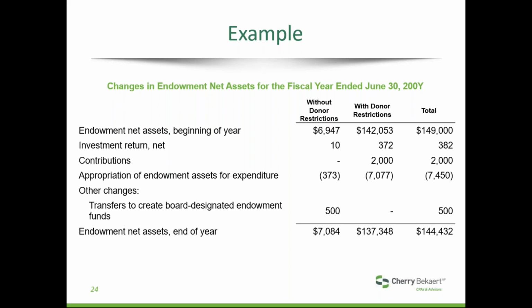As a side note, though, CB encourages you to at least use the net presentation on the face of your statement of activities and in this endowment disclosure. But if you need to see the detail, you can include the components of investment return in your investment note disclosure.